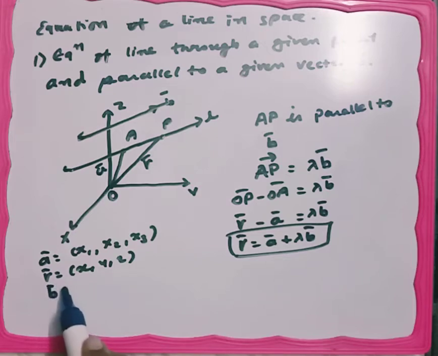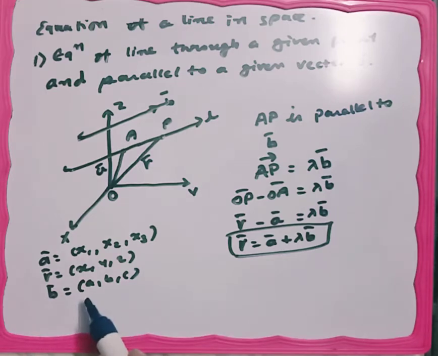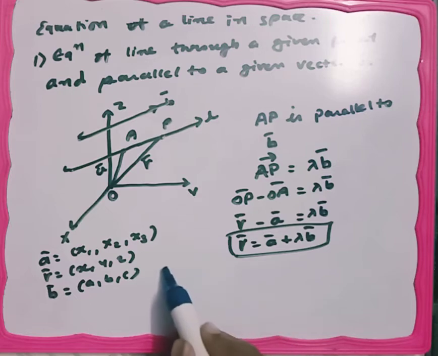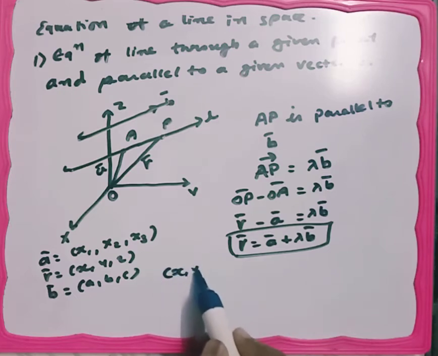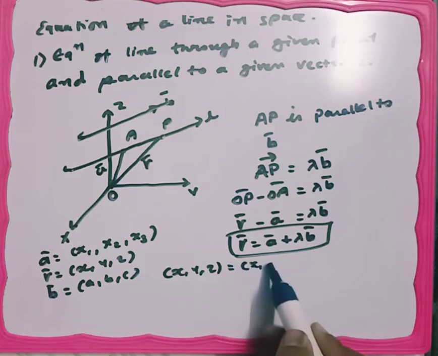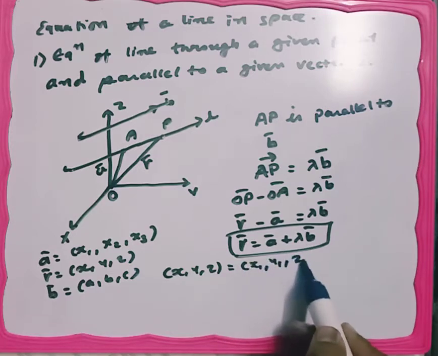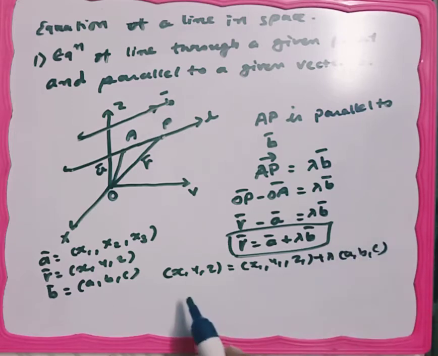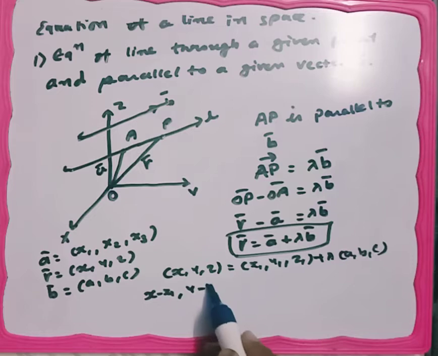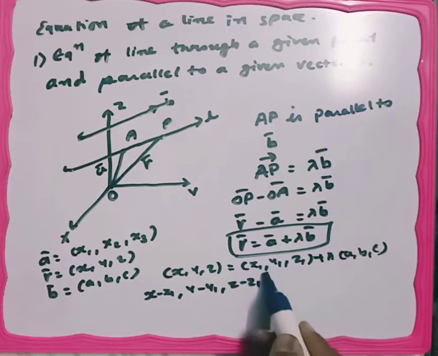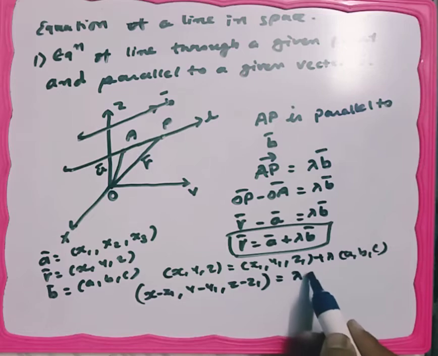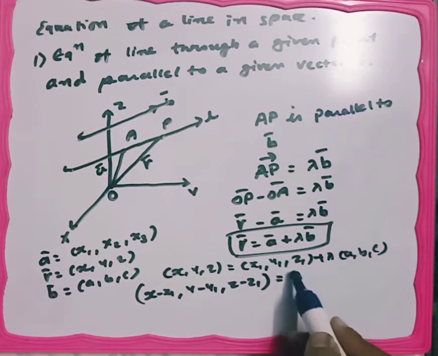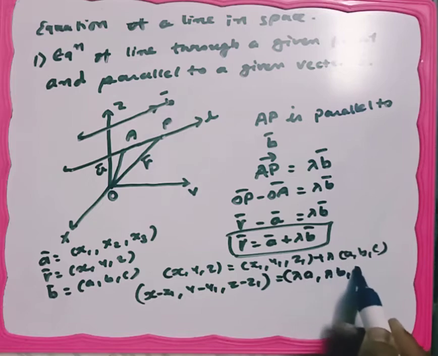And B bar we take as A, B, C. The direction ratios of B bar are A, B, C. Then here we can write x, y, z equals x1, y1, z1 plus lambda A, B, C. And so we can write x minus x1, y minus y1, z minus z1 equals lambda A, lambda B, lambda C.